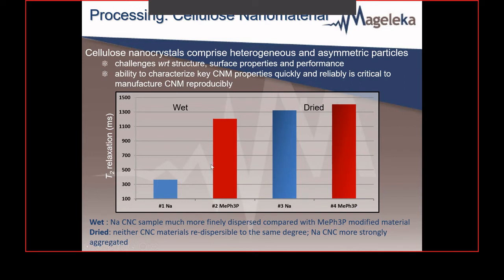Whereas although this one was not well dispersed to begin with, when you dry it, it redisperses reasonably well, because the coating on this material is providing some degree of steric repulsion and therefore limiting aggregation itself.